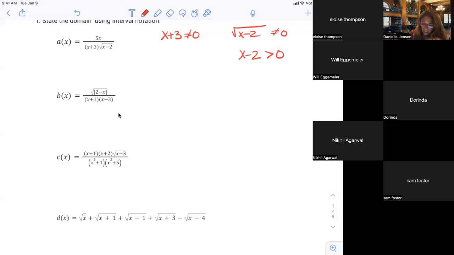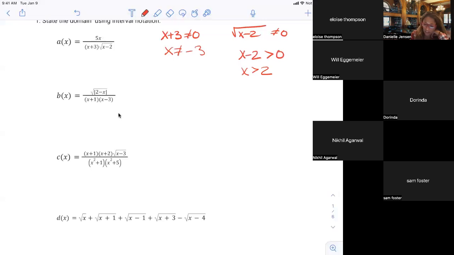So I really have two things going on. I need X cannot be -3. And the square root tells me that X has to be greater than 2. Normally, if I just had a square root and it wasn't in the denominator, I'd set whatever's inside to greater than or equal to 0. But because it's in the denominator, I'm just setting it to greater than 0.